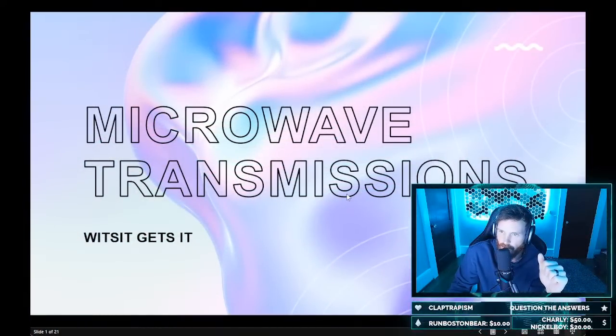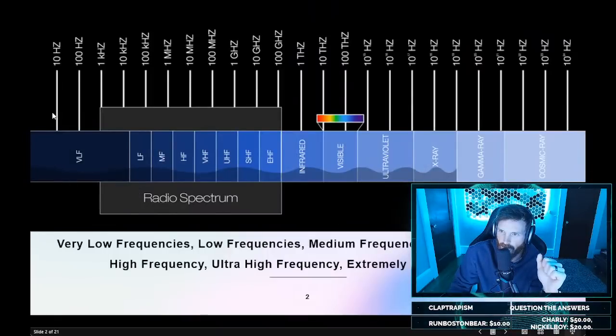Microwave transmissions. So this is the range of frequencies. Starting down here at the bottom left, you have very low frequencies, low frequencies, medium frequencies, high frequencies, very high frequencies, ultra high frequencies, super high frequencies, and extremely high frequencies.